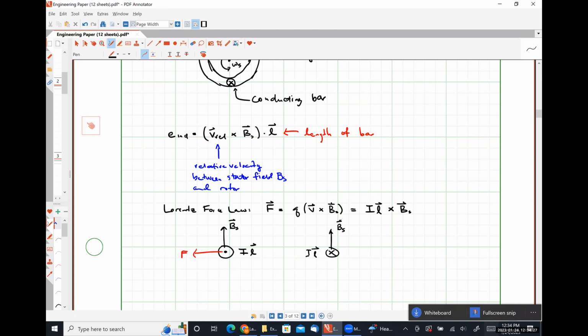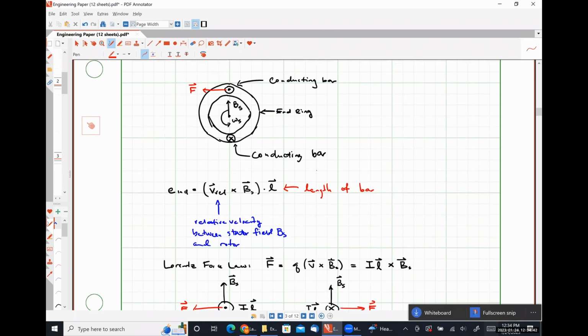So what direction should our force be? To the right. So on our bottom conductor down here, the Lorentz force is directed to the right.